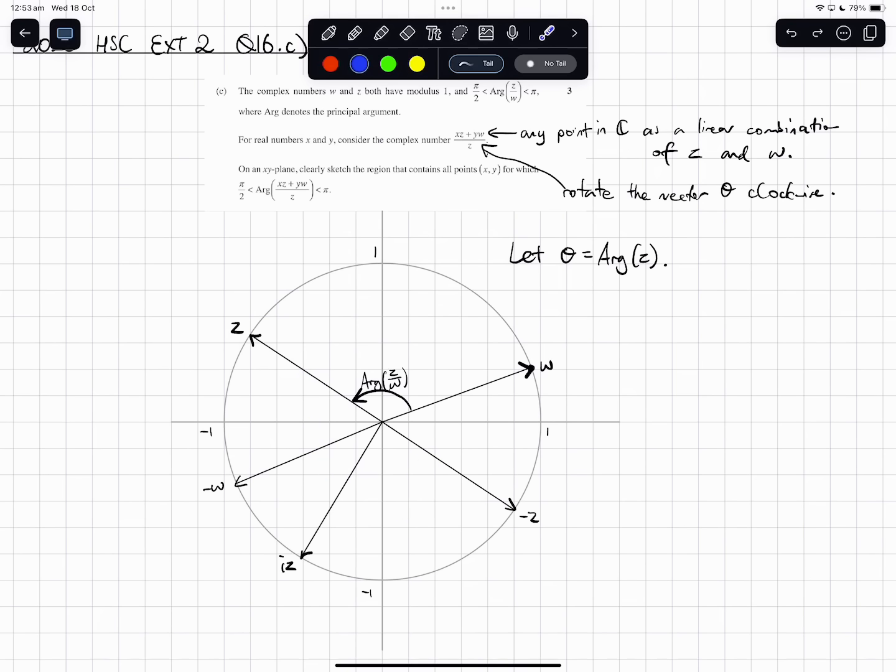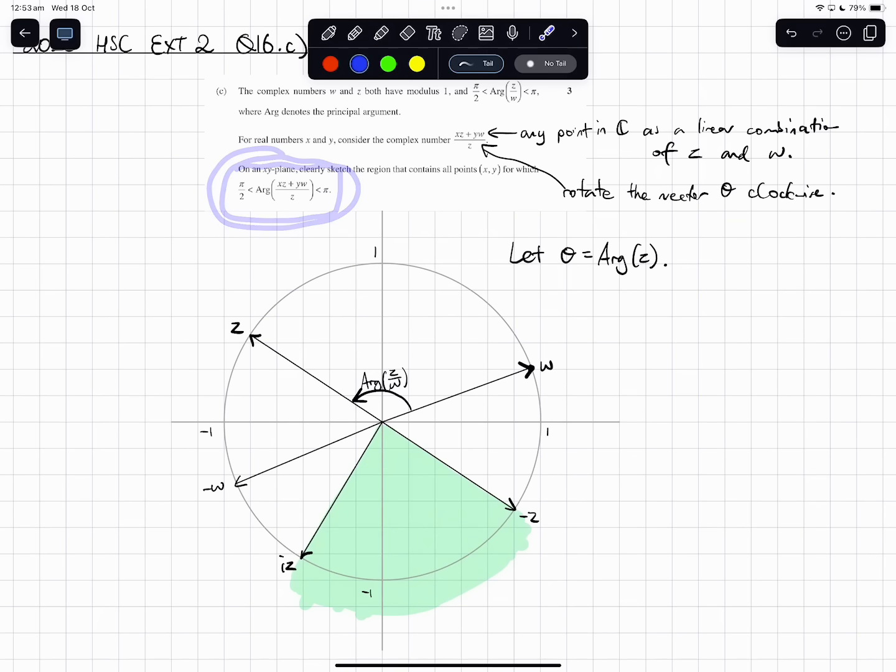So essentially, any point in this zone, I'm just going to call it the zone, extended radially outwards, any number in this zone, rotated by an angle of theta clockwise, will always end up in the second quadrant. That's what I'm considering for this next part.